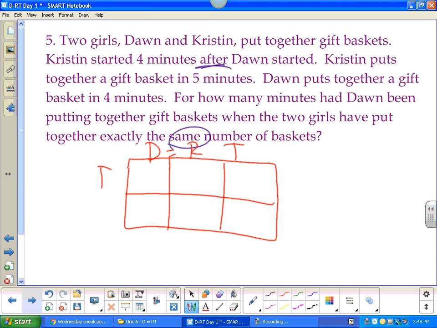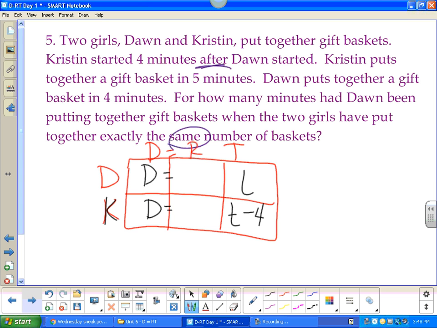All right, so let's go chart. We have Dawn and Kristin. D equals. Kristin started 4 minutes after Dawn. So after. So Dawn started first. So this is minus 4.